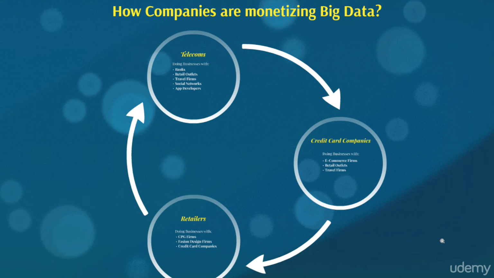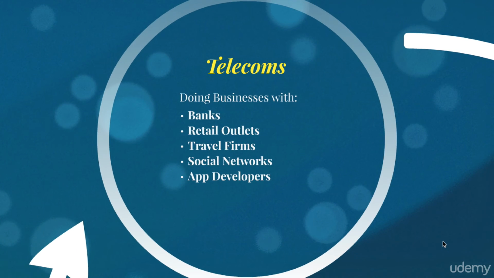Now let's understand how companies are monetizing big data. Telecom companies are doing business with banks to detect fraud by triangulating location, purchase details, and customer info. With retail outlets to personalize offers in real time and push them via mobile channels for effectiveness.